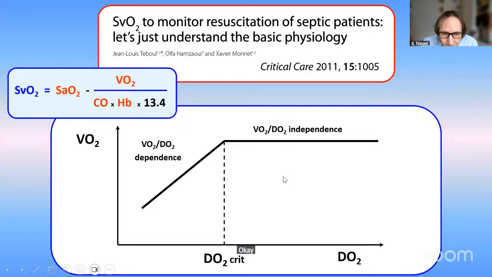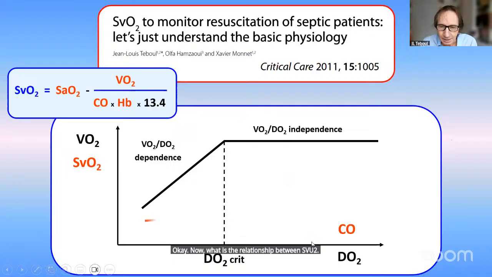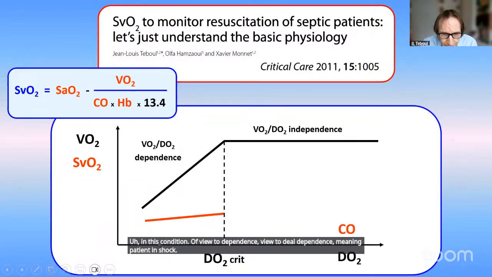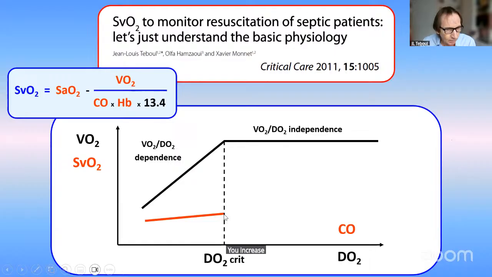Now, what is the relationship between SVO2 and cardiac output? If you increase cardiac output while you are in this condition of VO2-DO2 dependence, meaning the patient is in shock, you increase cardiac output because cardiac output is low and SVO2 was low, and you know that we need to increase oxygen delivery.